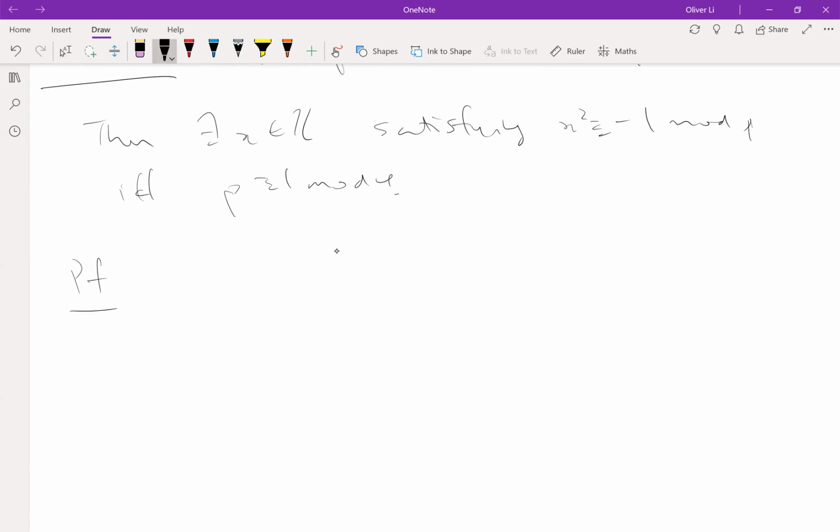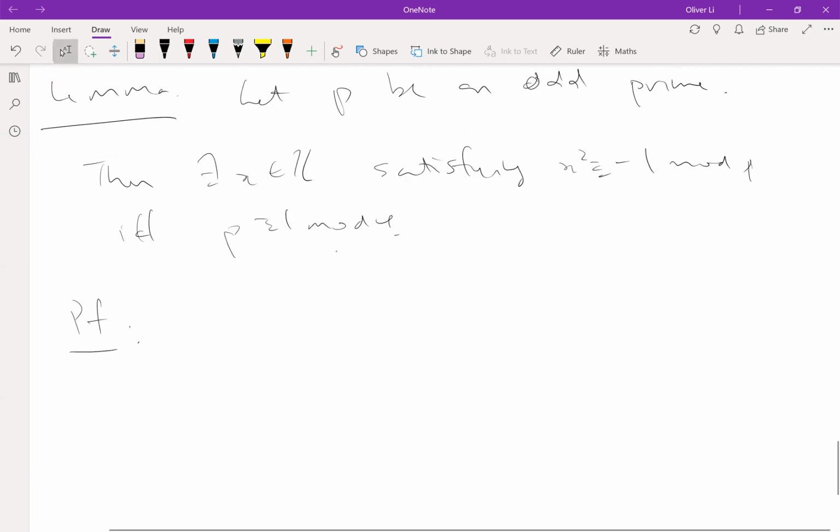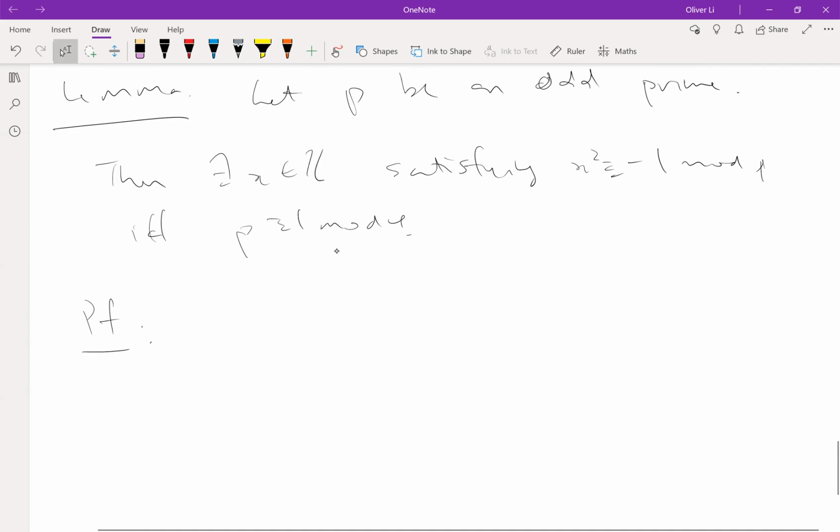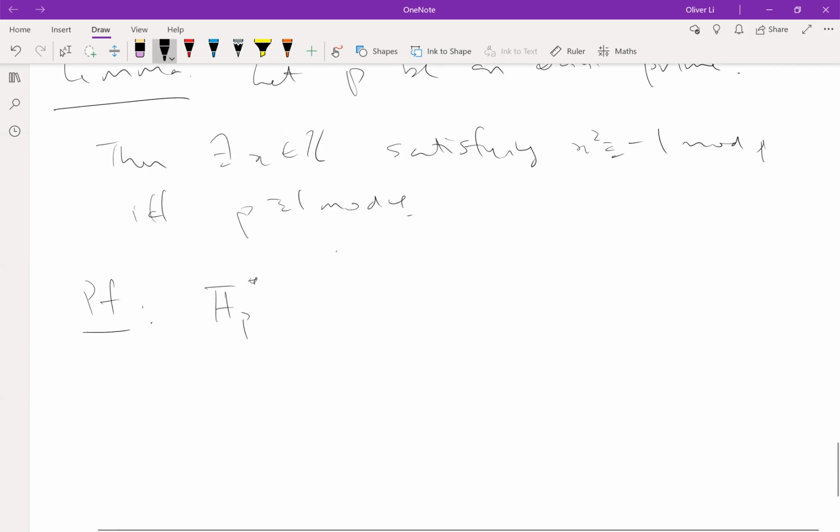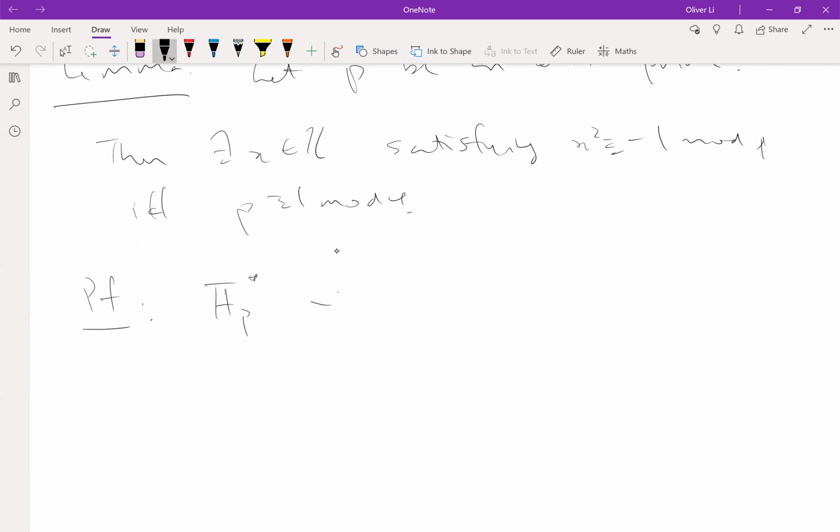The proof is really nice in my opinion. It's just a culmination of everything that's taught in 320. So we consider the multiplicative group of this thing. Obviously the order of -1 is equal to 2, and -1 is the only element that has order 2.